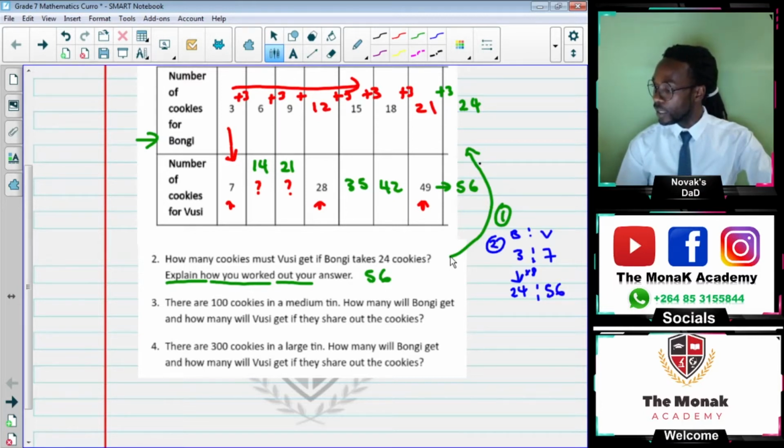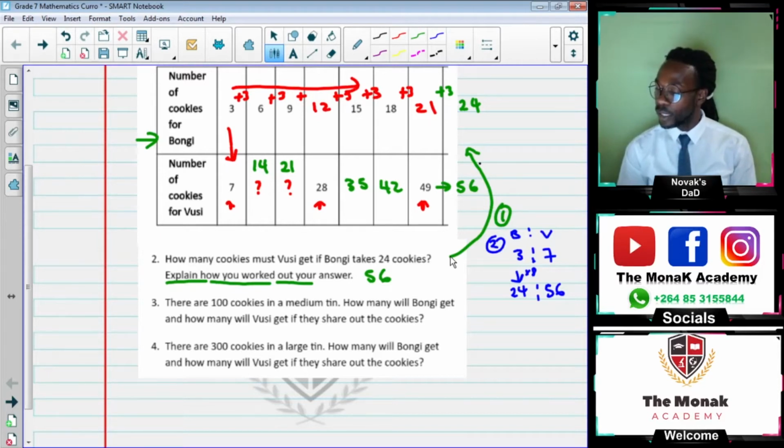Okay, how did the ratio transform from 3? Because the initial ratio we're given is 3:7, but now we know Bongi got 24. So how did 3 become 24? It was through multiplication. So we also multiply the value of Vusi, which is 7 times 8 as well, to give us 56. So that's 2 ways of getting the answer to part 2.